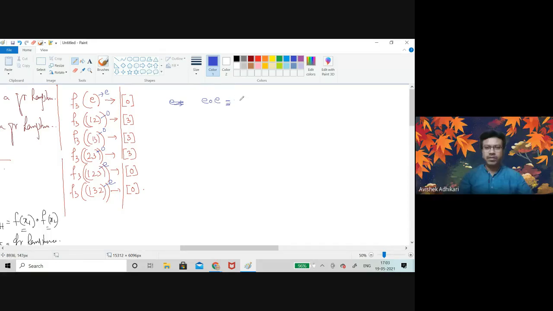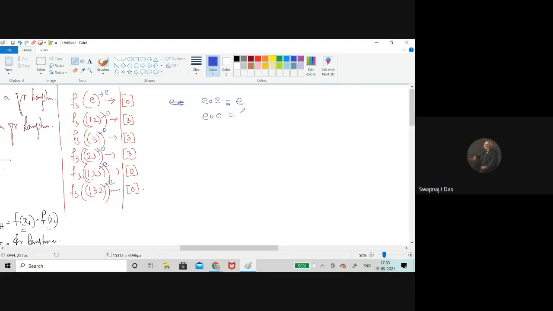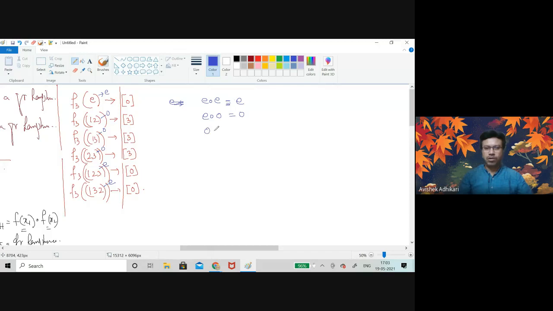If you have even and odd, what will you get? Odd. So odd even, you will get odd, odd composition odd gives you odd. Why? Odd means odd number of transpositions, here also odd number of transpositions.